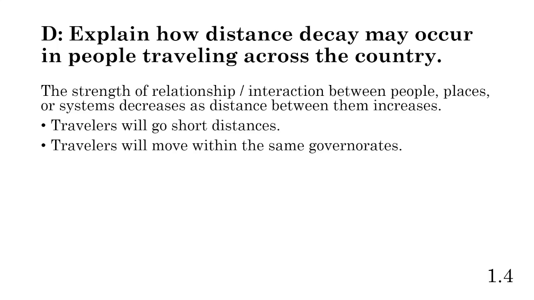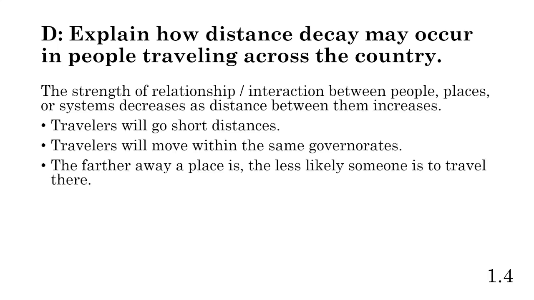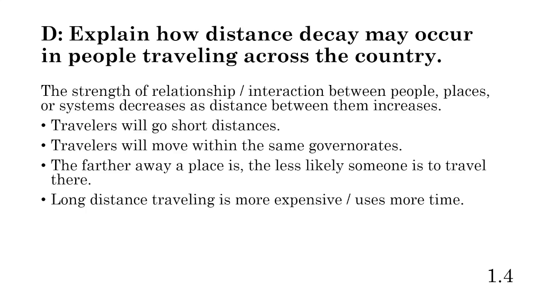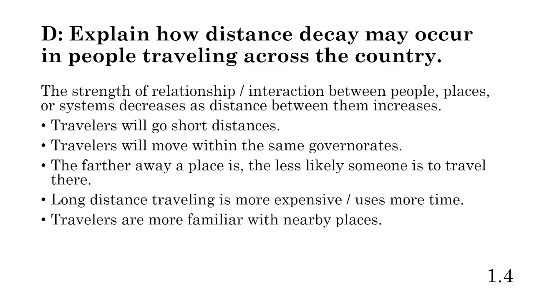Travelers will move within the same regions or governorates. The farther away a place is, the less likely someone is to travel there. Or long distance traveling is more expensive. Or you could just say it uses more time, energy, or resources. Travelers are more familiar with nearby places, so they will more likely travel to nearby places.